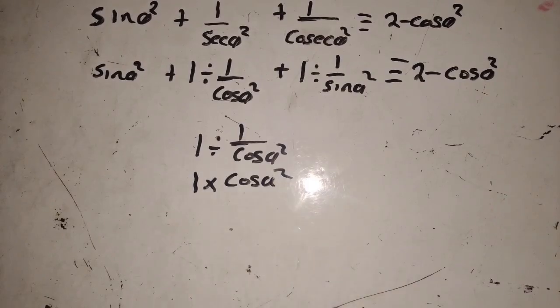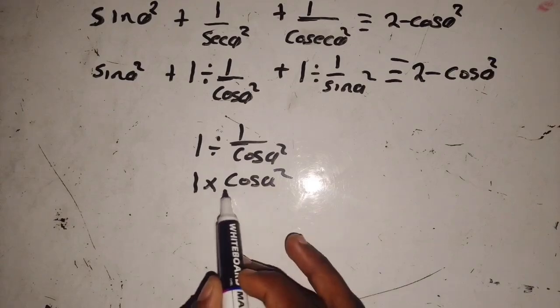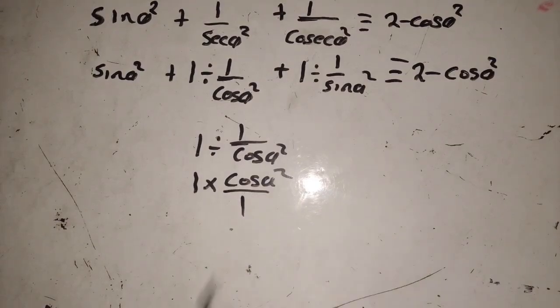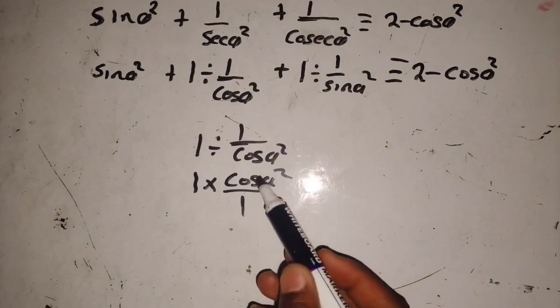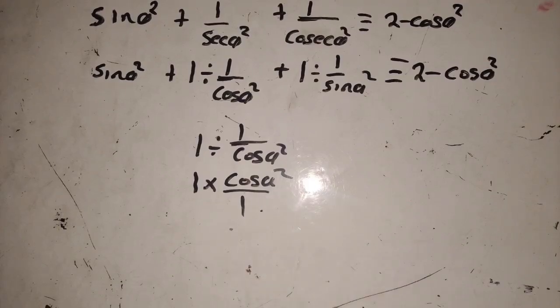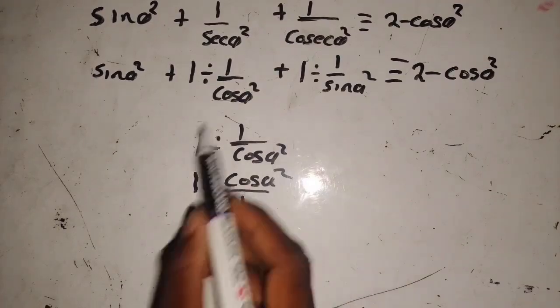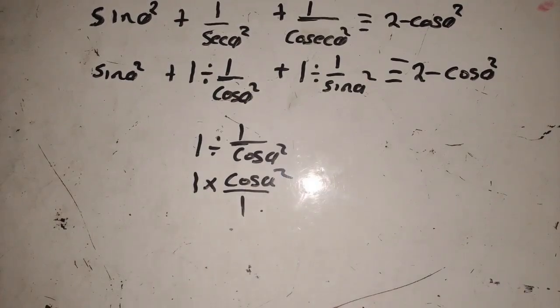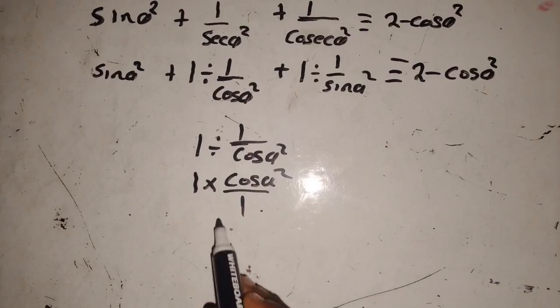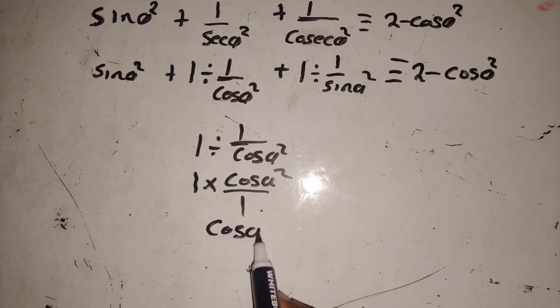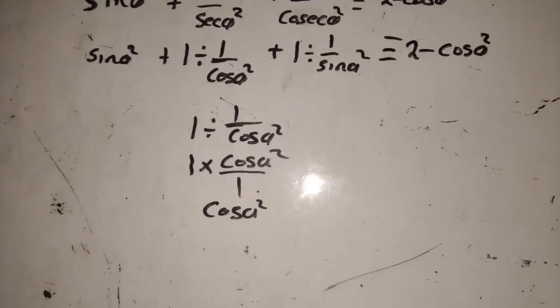The numerator will be the denominator, and the denominator will be the numerator, which is cos theta squared. When we do the calculation, we get cos theta squared divided by 1, which gives us cos theta squared.